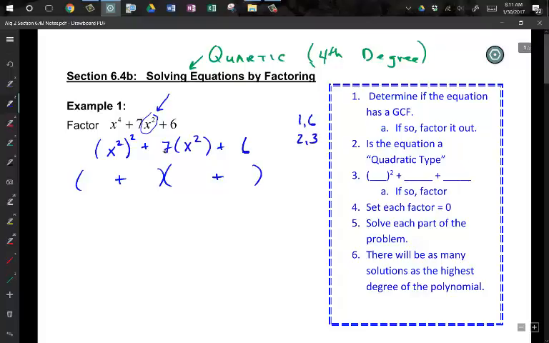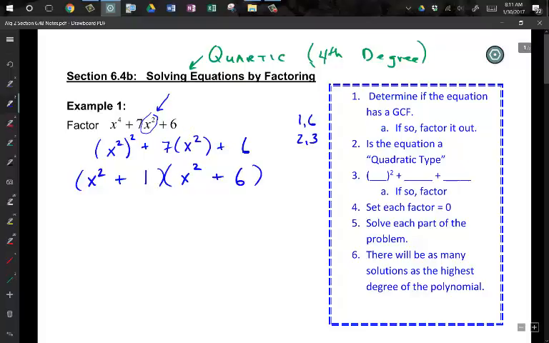Which of those combine to 7? 1 and 6. Now, what are we squaring? x squared. And so we put an x squared in the front and an x squared in the back. And let's see if this works. We get 1x squared, 6x squared, that makes 7x squared. x squared times x squared is x to the fourth, and 1 times 6 is 6.